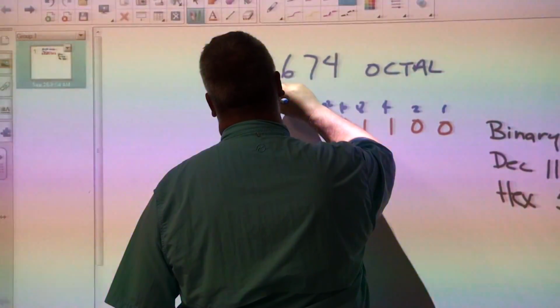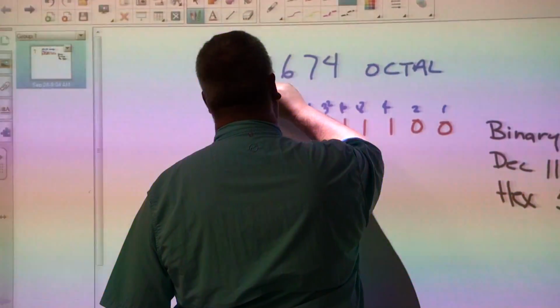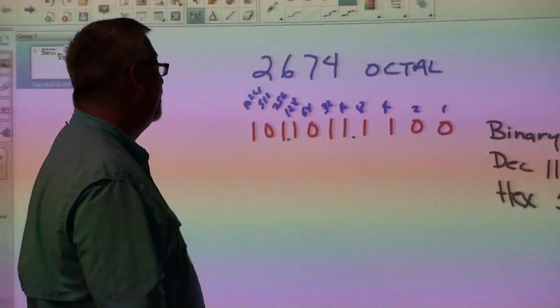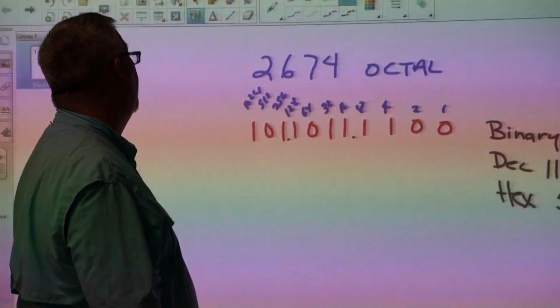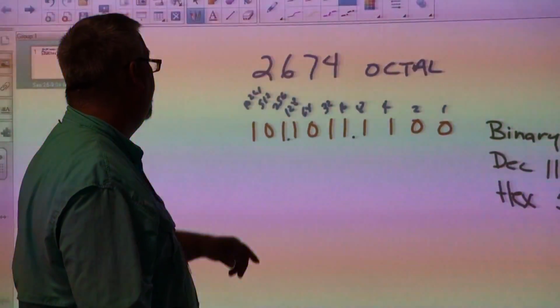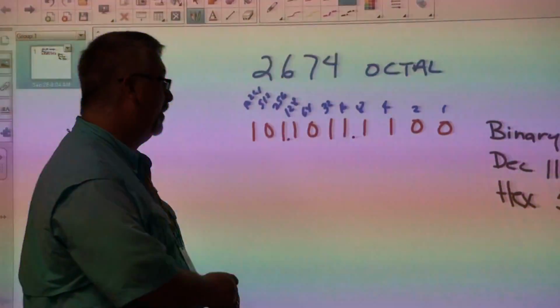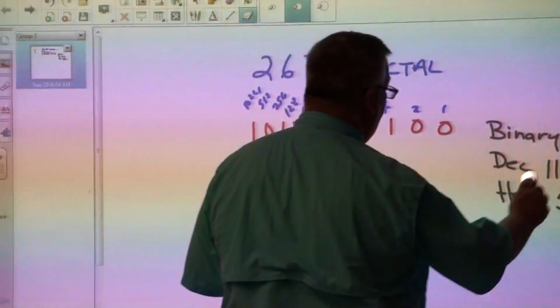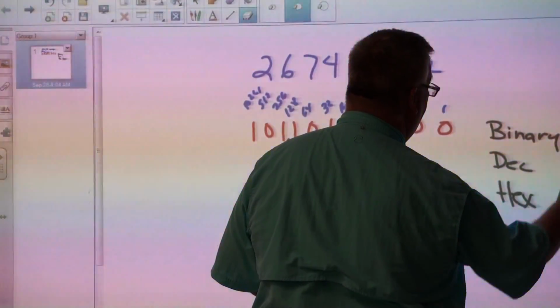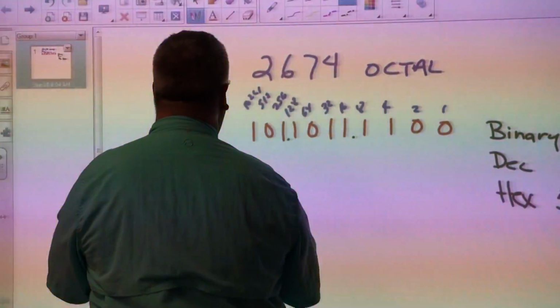Anybody else get 1468? I think I shifted over, I moved my numbers around a little bit while ago. So let's disregard the decimal for the moment. I'm going to redo mine and make it right.